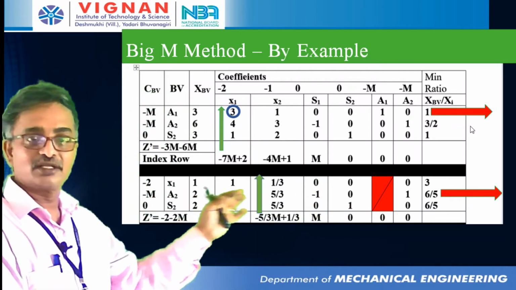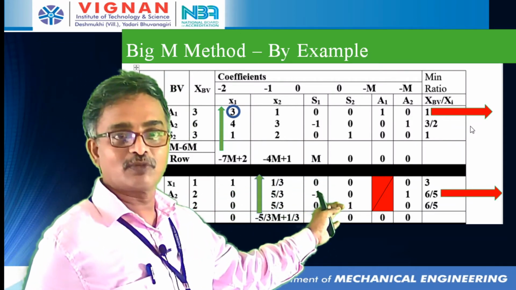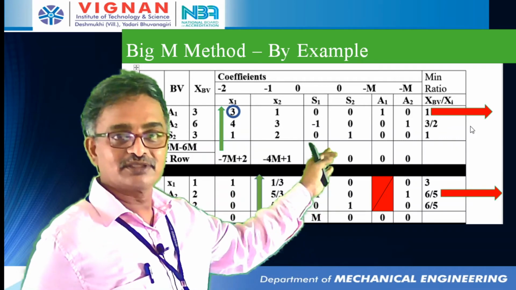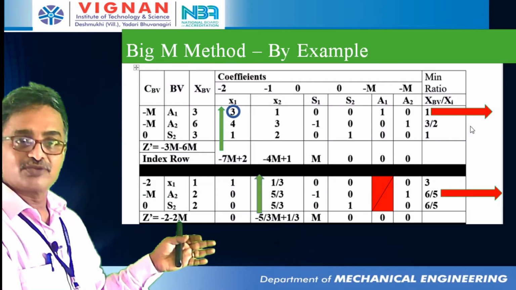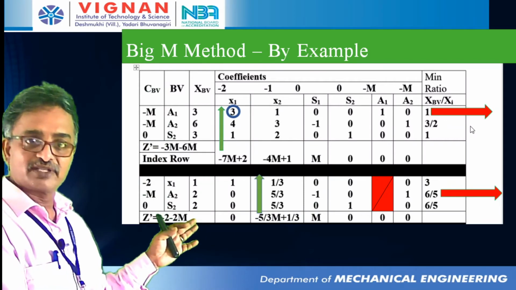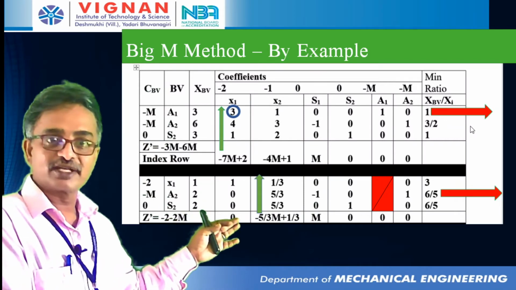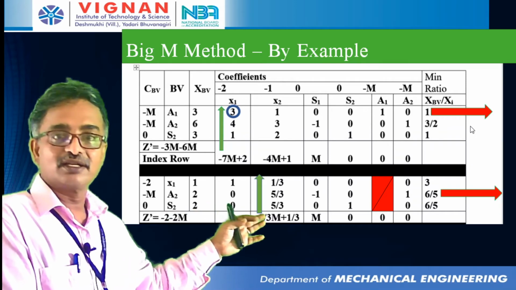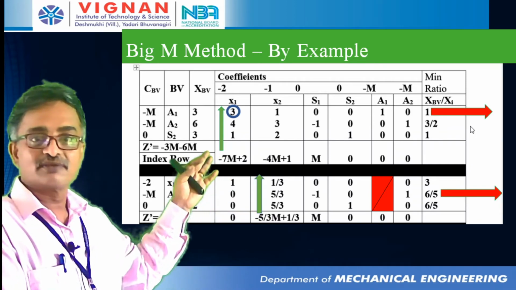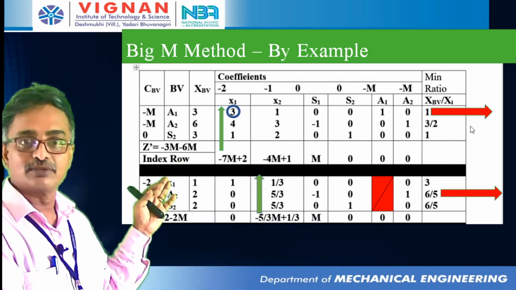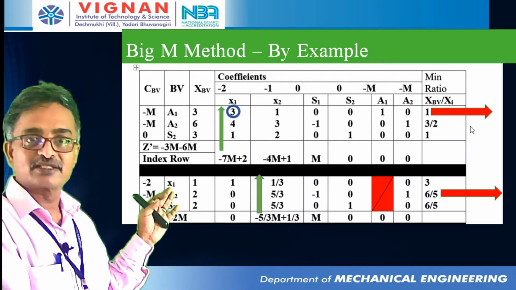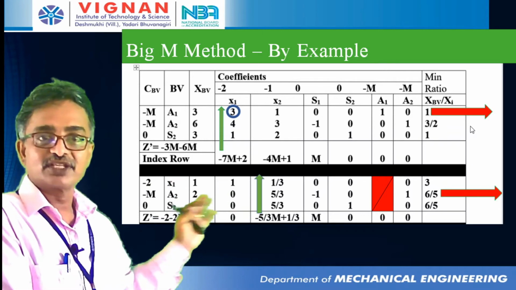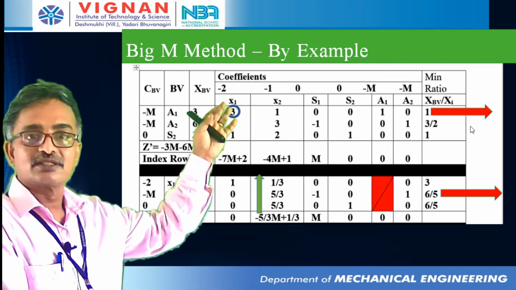For s2 we have the s2 column as 1, the intersection value that is pivoted on, and the others 0, 0. Now the remaining values we need to find out. First, to find the index row, here it is minus 5 by 3 m plus 1 by 3, that is from 1 by 3 into minus 2 plus 5 by 3 multiplied by minus m plus 5 by 3 into 0 minus the top minus 1.